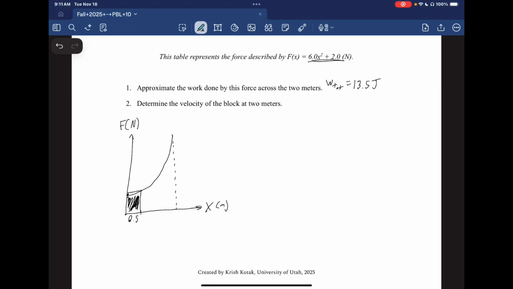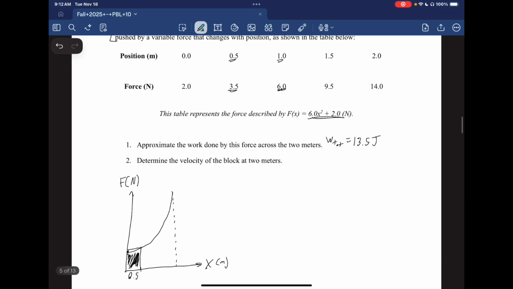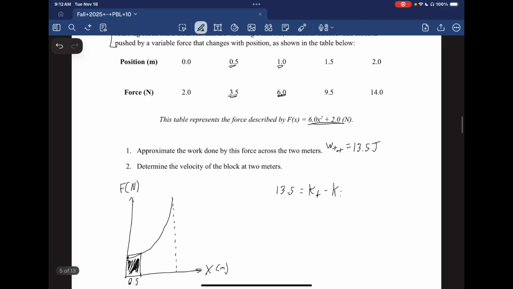The next question asks us to determine the velocity of the block at 2 meters. We can use the work energy theorem. We know that the net work is equal to the change in kinetic energy, and we have our net work here. So we can say that 13.5 is equal to K final minus K initial.